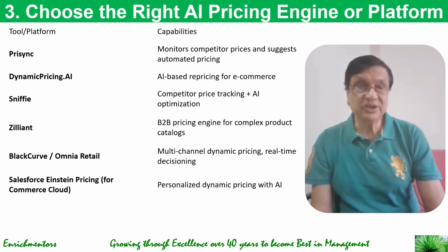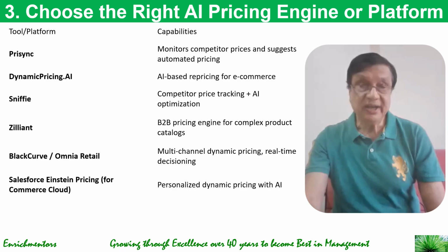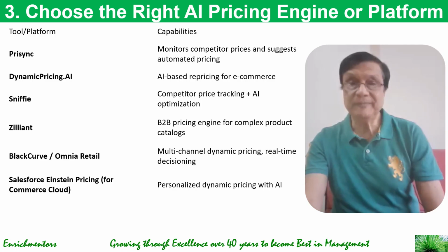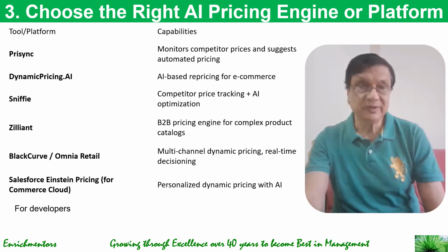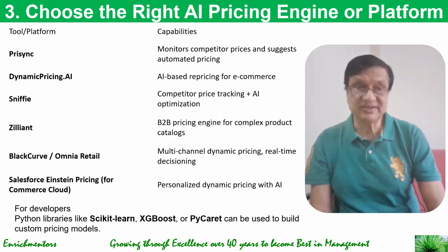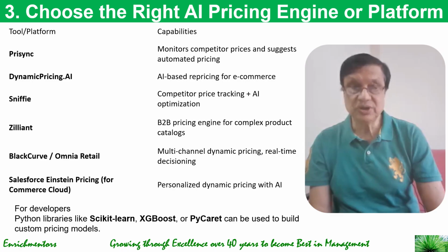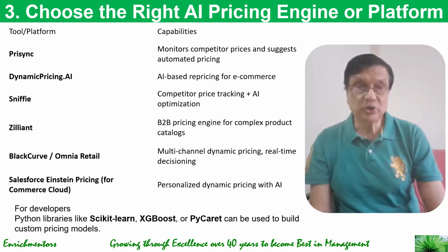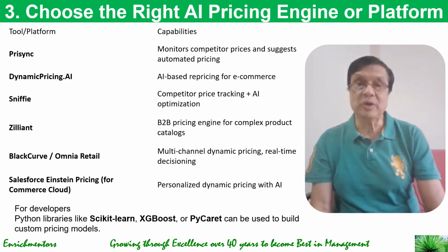You can also use the familiar-by-now Salesforce Einstein pricing for Commerce Cloud, where you can personalize dynamic pricing with AI. So these are the variety of platforms that are available. For developers, you could use Python libraries like scikit-learn, XGBoost, or PyCaret to build a custom pricing model.